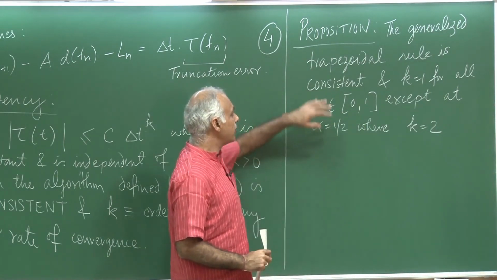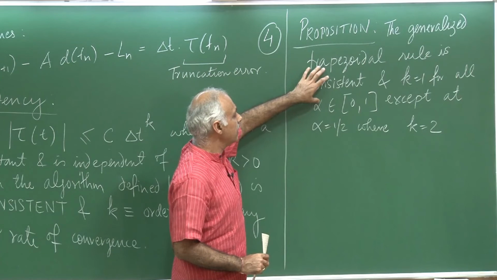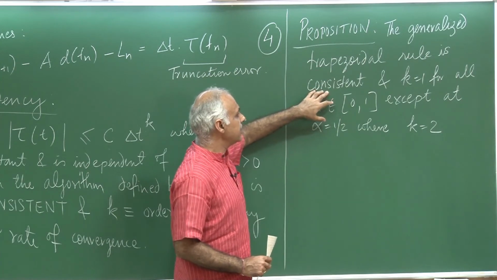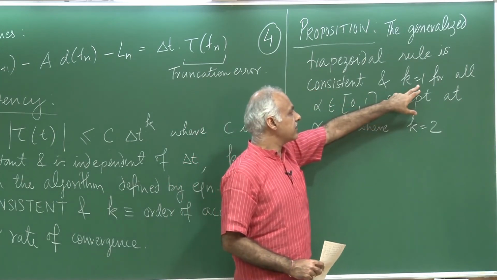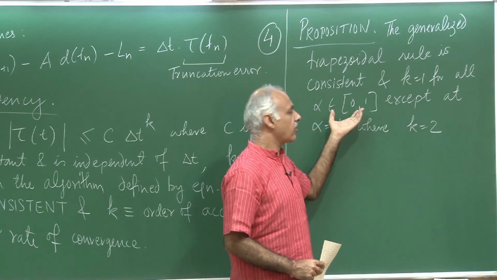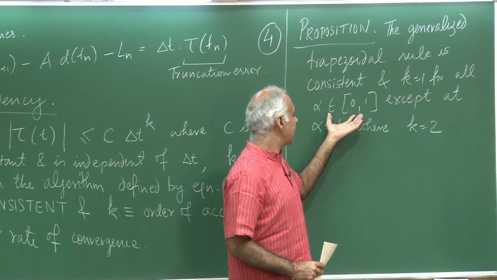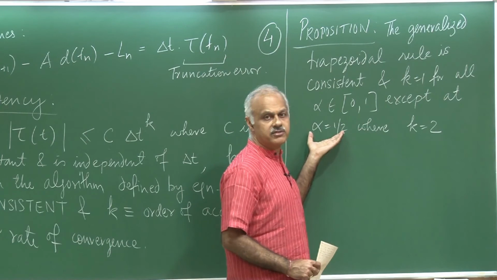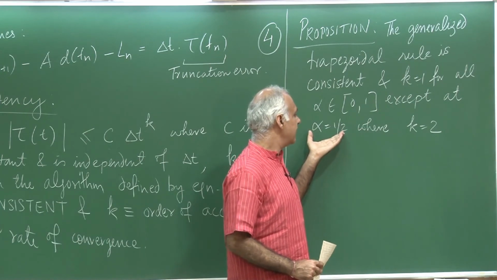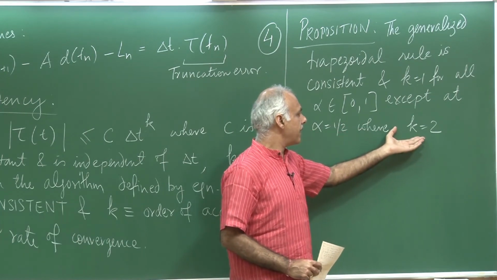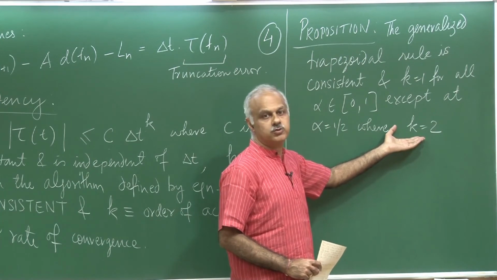So, we are going to show that the generalized trapezoidal rule is actually a consistent method and the order of accuracy is 1 at all alpha, but something special happens at alpha equal to half, which is the Crank-Nicolson method, where actually the order of accuracy is 2. Okay.